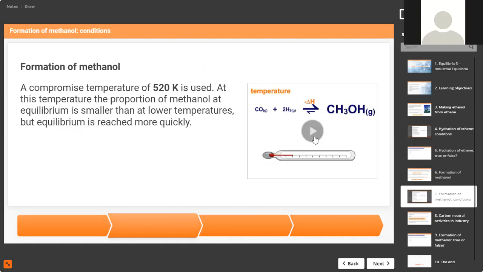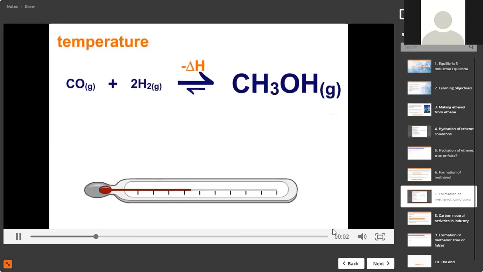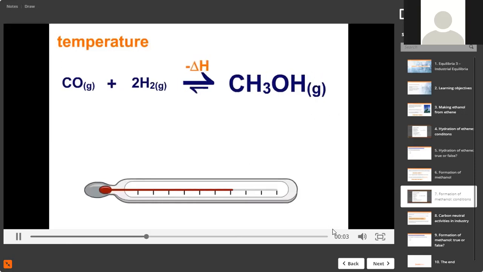At this temperature, the proportion of methanol at equilibrium is smaller than at lower temperatures, but equilibrium is reached much, much quicker. So we go with this compromise temperature because economically it's more viable.